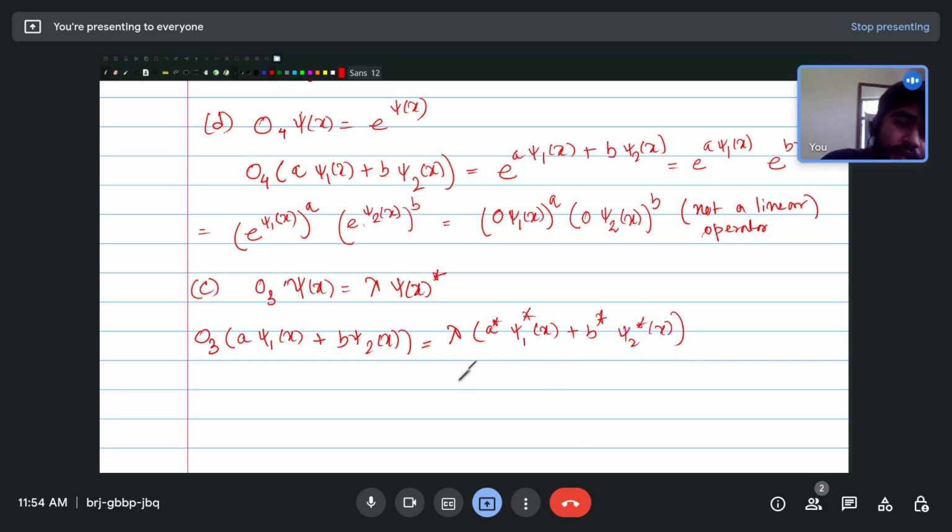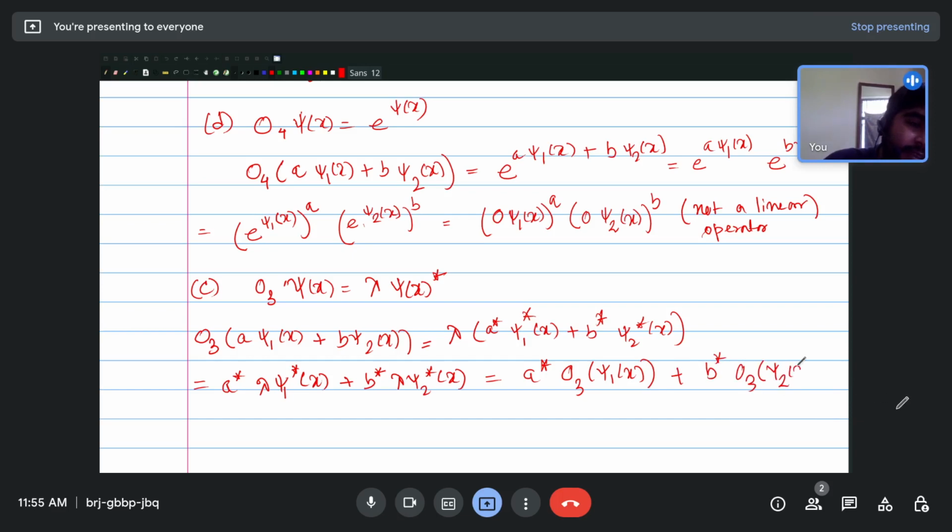Now we can get the λ inside, like this: a* λ ψ1*(x) plus b* λ ψ2*(x). Again we understand these parts, and they are nothing but a* O3 acting on ψ1(x) plus b* O3 acting on ψ2(x).